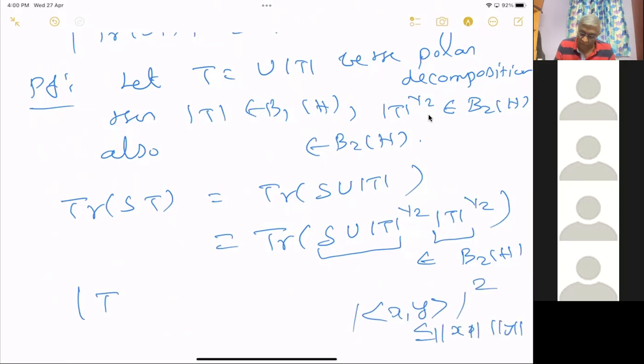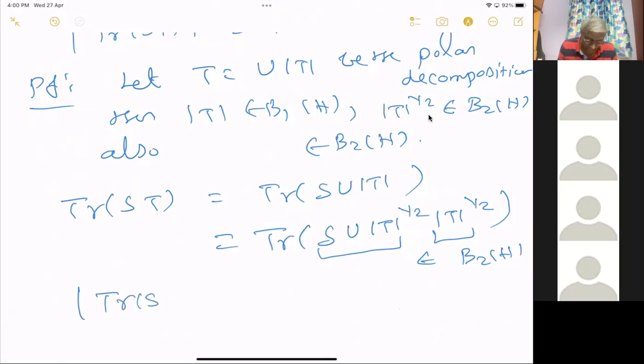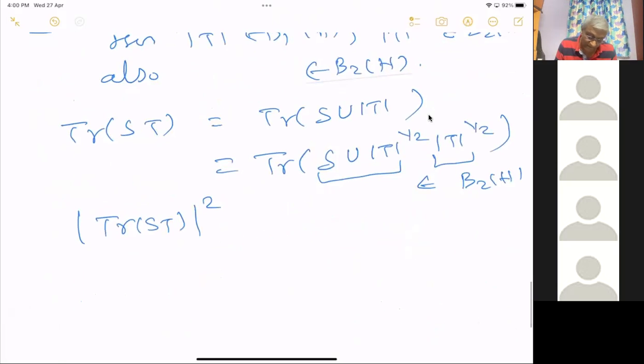You can take the square, because with the Hilbert-Schmidt norm you will get a square root. So this is basically equal to trace of ST squared. This is less than or equal to.